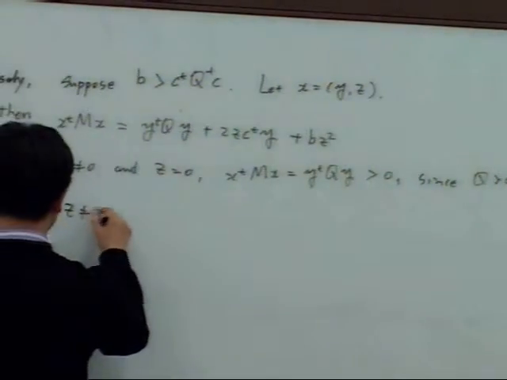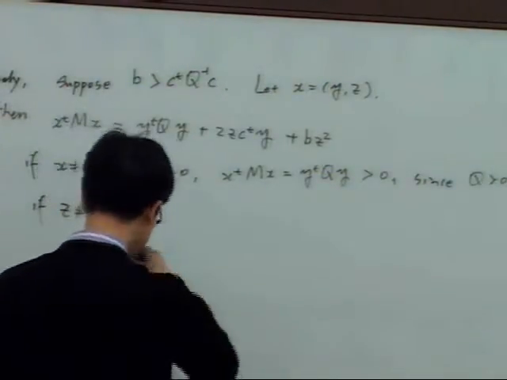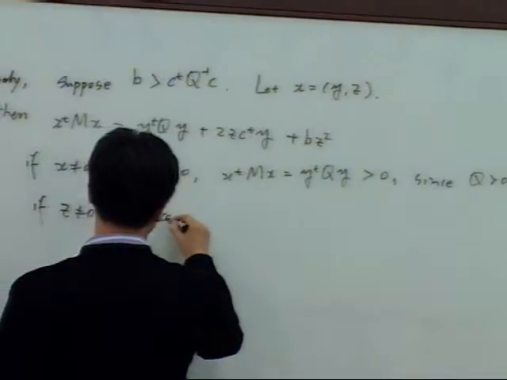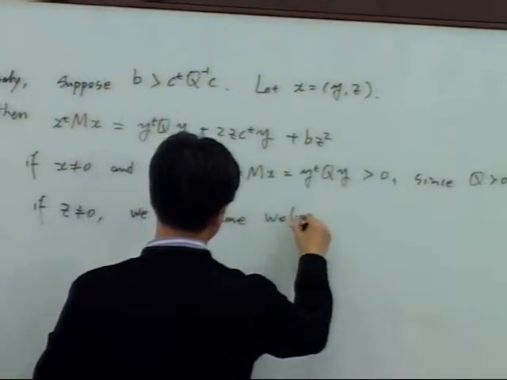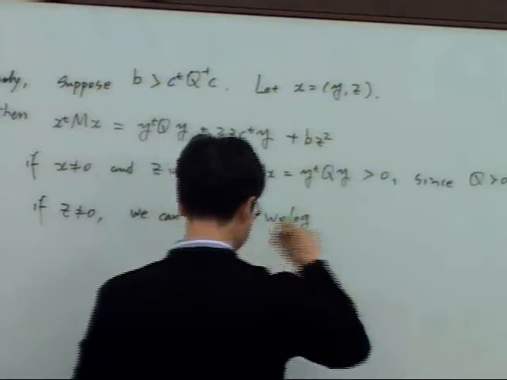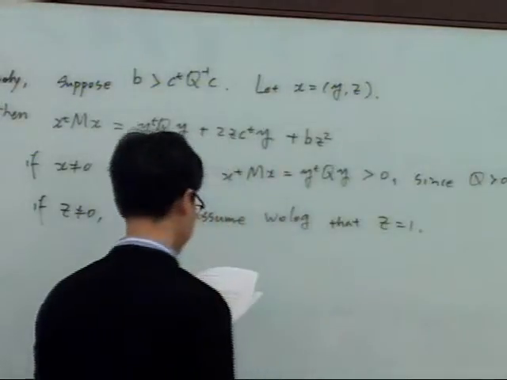If Z is non-zero, we can assume, without loss of generality, that Z is equal to 1.